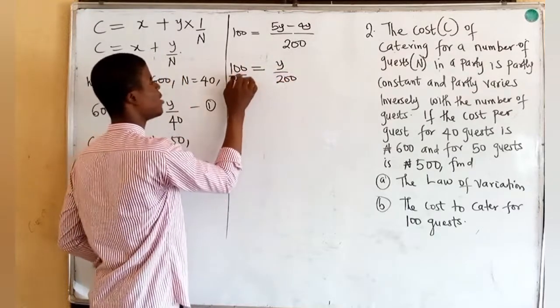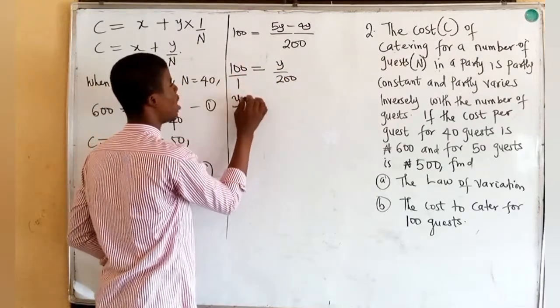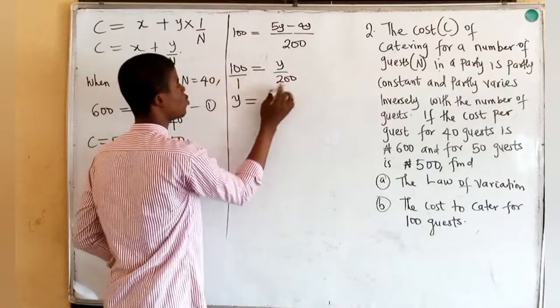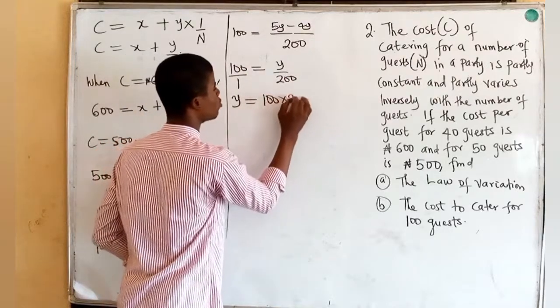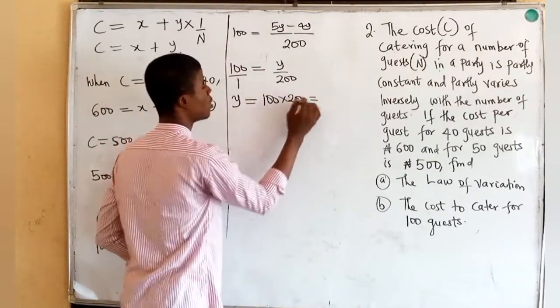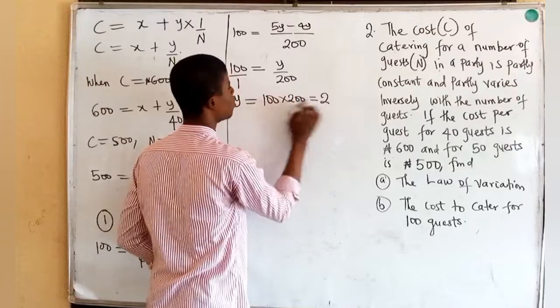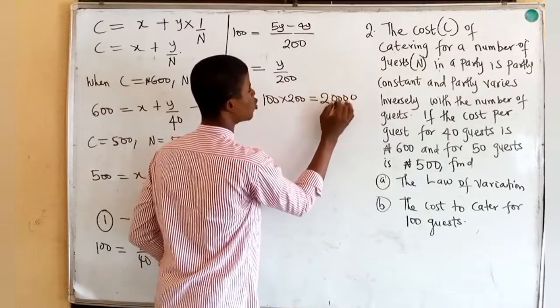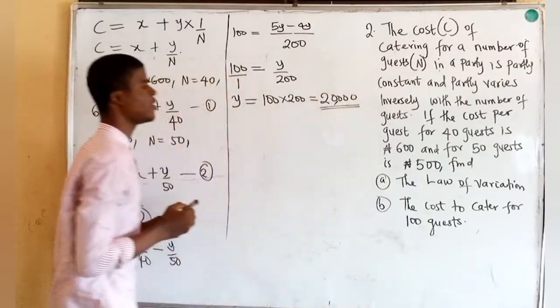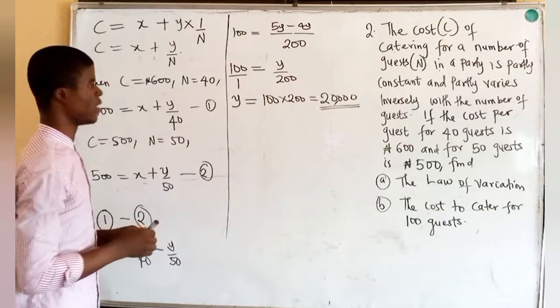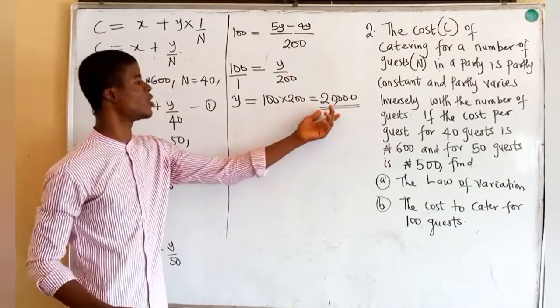So cross multiplying, y times 1, which is y, is equal to 100 times 200, and that gives us 20,000. So y is 20,000.